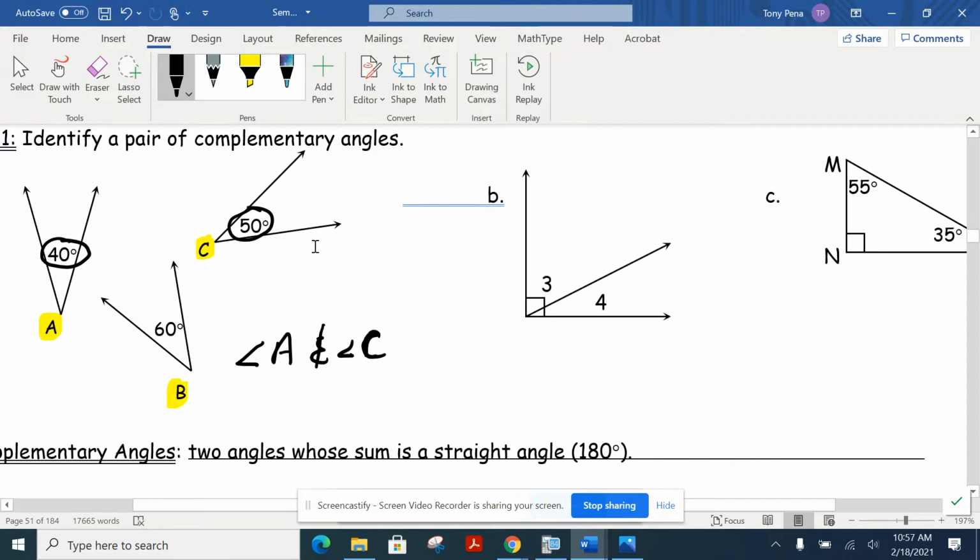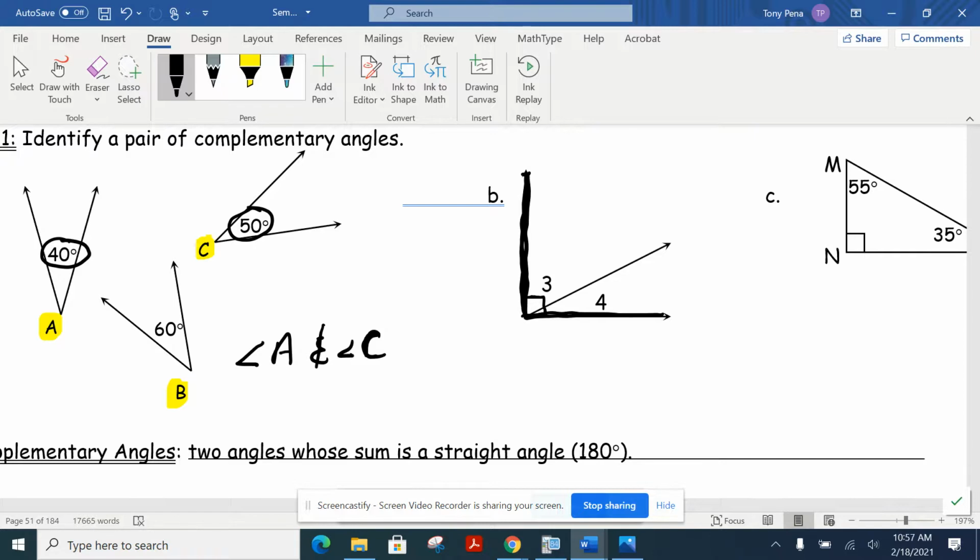Letter B. Quick little review here. We talked about it last week. You quizzed on it. You saw that on the quiz, but this little square here means that those two lines that it is connecting tell us this is a 90-degree angle.